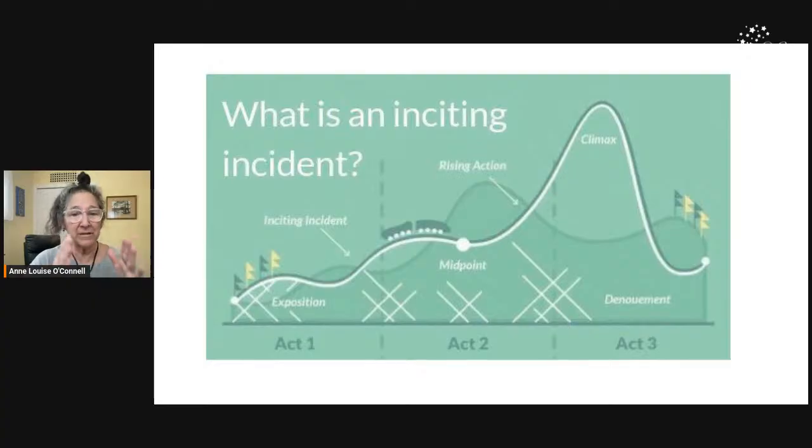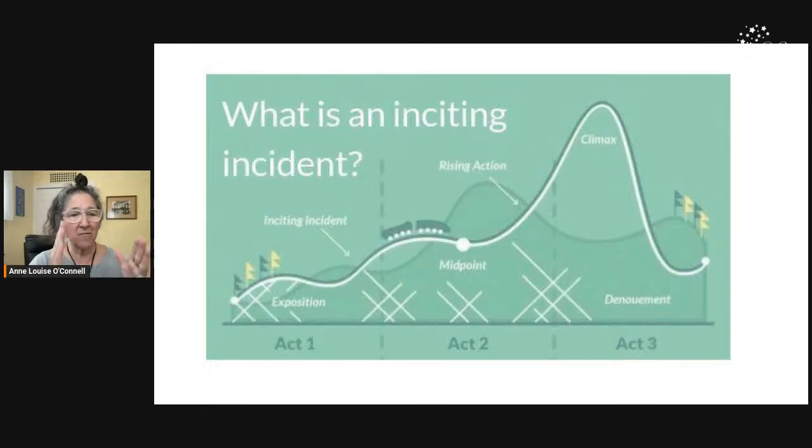So in that first act, you're looking at establishing who your main character is. You're looking at determining what it is that main character wants and what difficulties they might face in achieving those goals. It's like the hero's journey, but that's for another WIP tip.